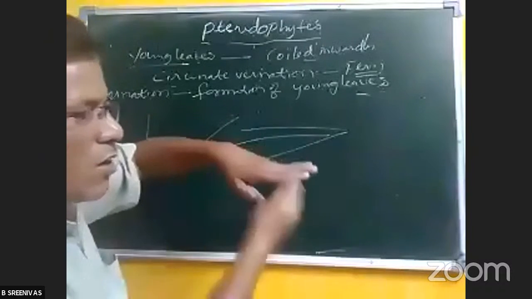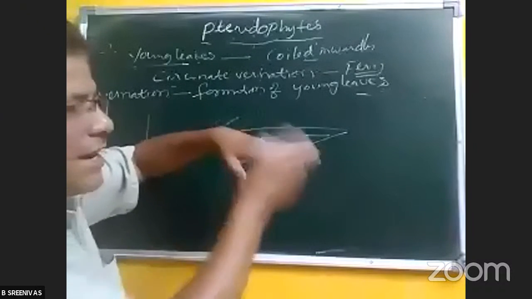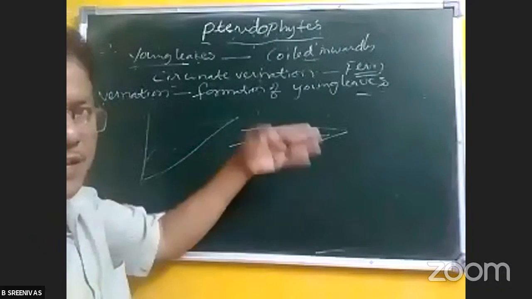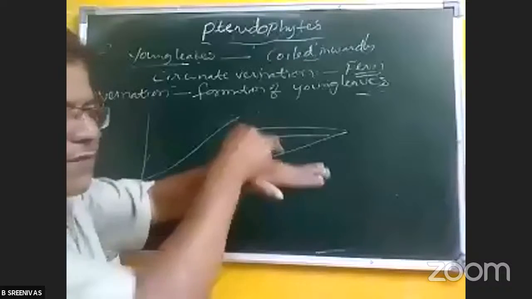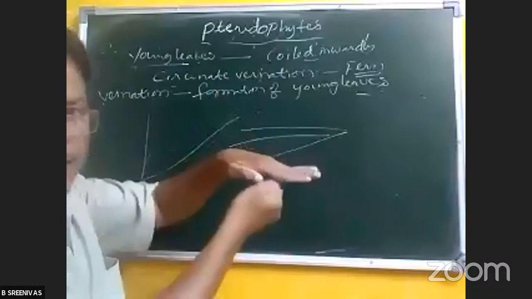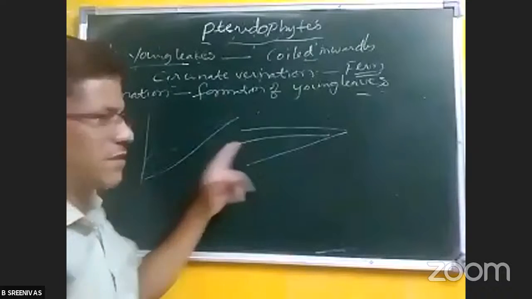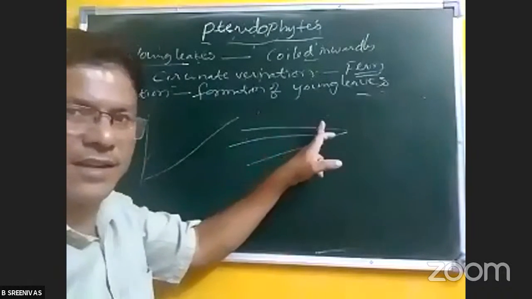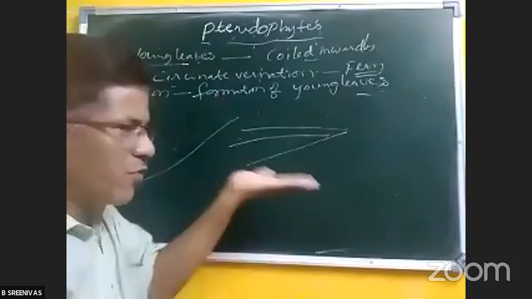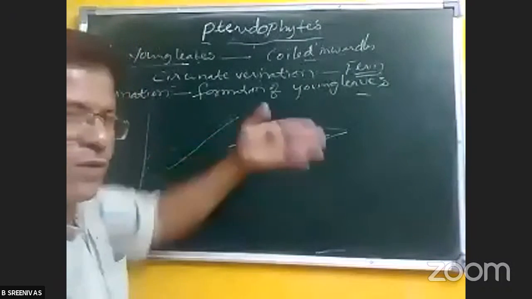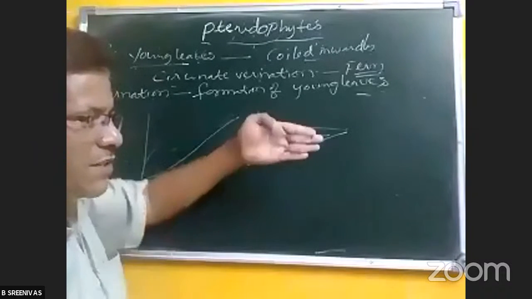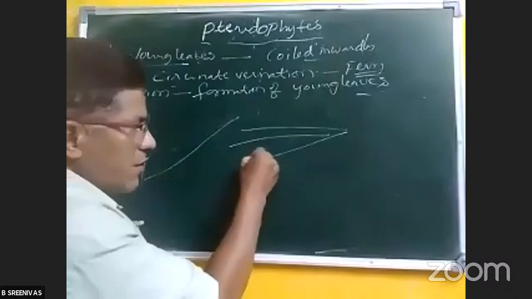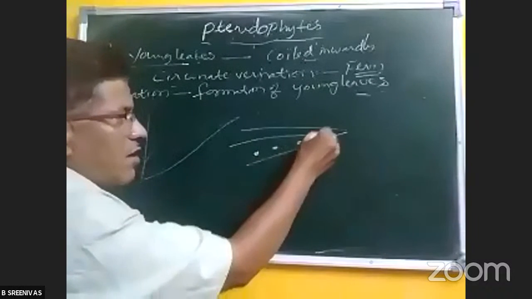So the lower surface comes upward and the upper surface goes lower. Now you don't wonder why Sir is showing it upward and calling it the lower surface. Before, the leaf was like this. Now we turned it, so the lower surface came upward. Now we are observing the sporangia.